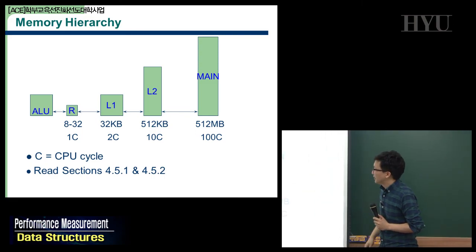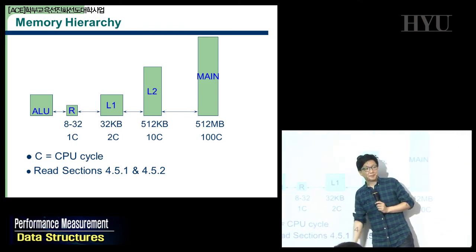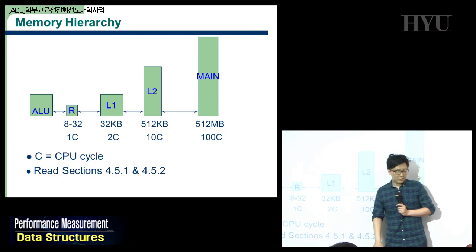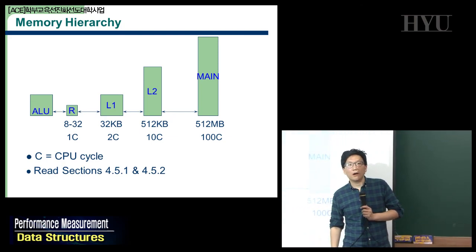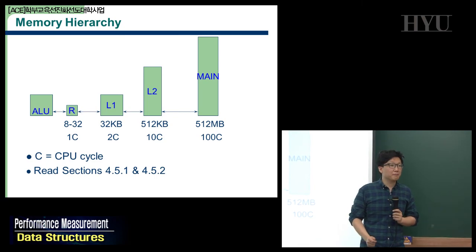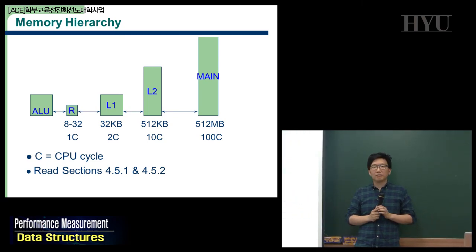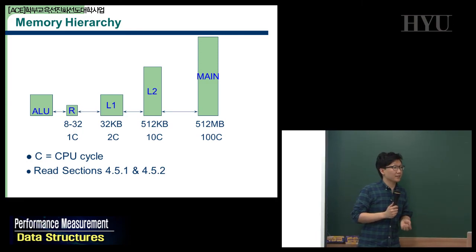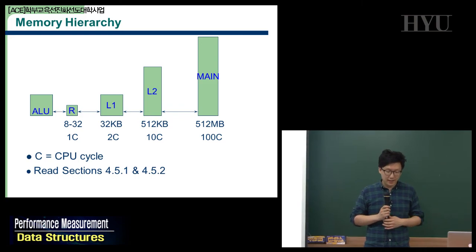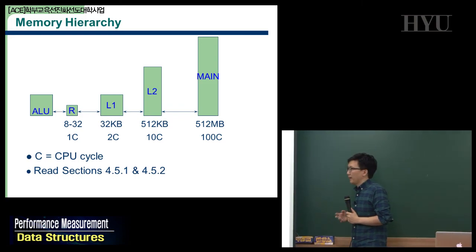C is a CPU cycle. It's like a unit of time for the CPU. So if my program needs maybe 100 cycles to finish, I take CPU time 100 times, if you want to think of it that way.